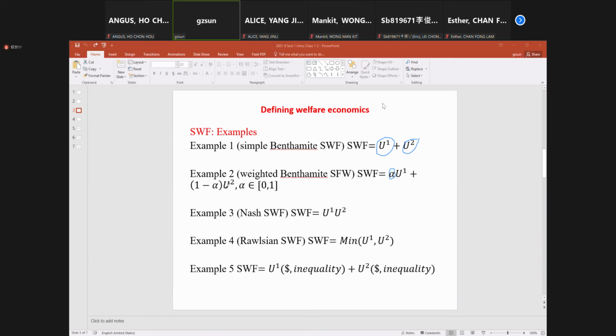I believe everybody has heard about the leftist and the rightist, 左翼, 右翼. Basically, left-wing thinking cares more about the poor people, while right-wing thought cares more about person 2, the rich, high-income people. This is a little bit of an overstatement about left and right-wing thought, but in general, it's true.